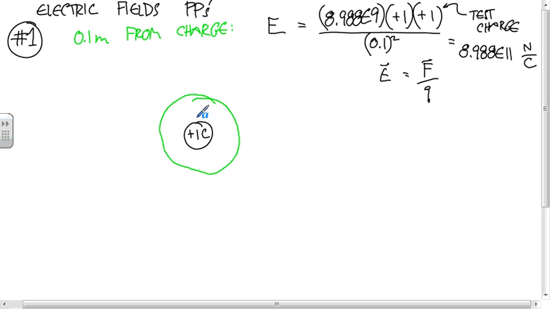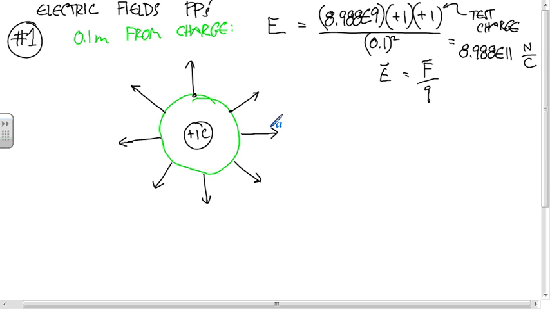And if these are both positive, I chose a +1 test charge. What direction is that electric field vector going to point? Towards or away? Away. So these would all be, the length I'm making these is arbitrary, but they would all be the same length, and wherever you are, they'd be pointing away.